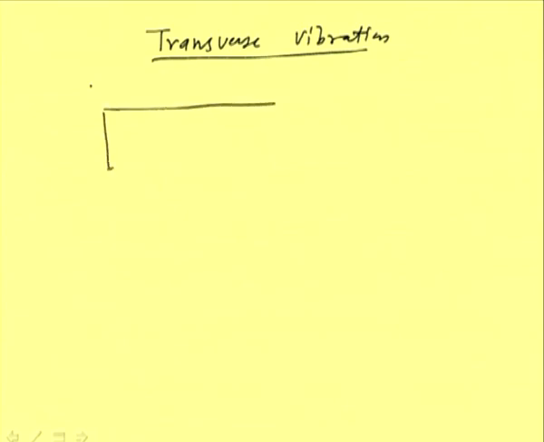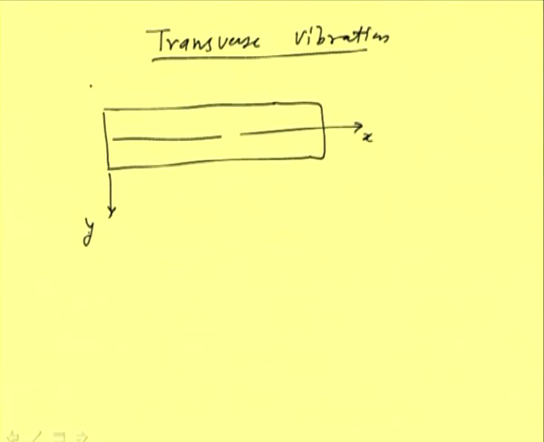So we are dealing with the transverse vibration, and in this, say there is a beam, there is the axis of the beam, this is the vertical axis, and on this beam there are various kind of loads acting.